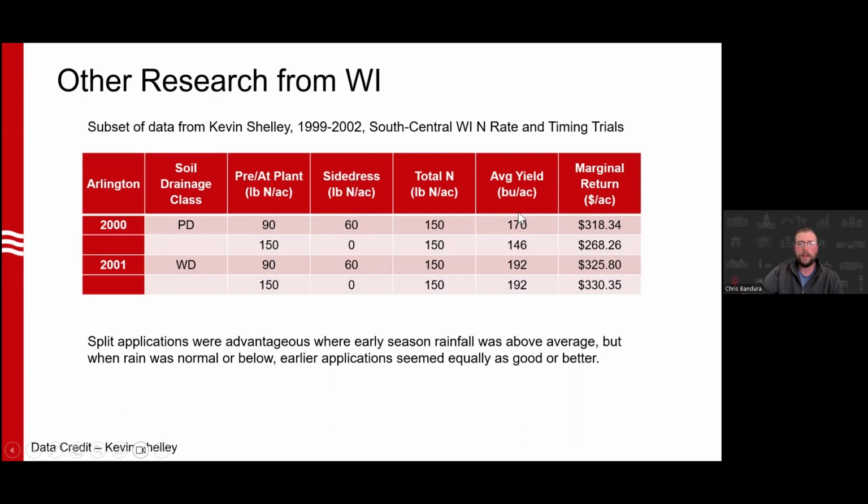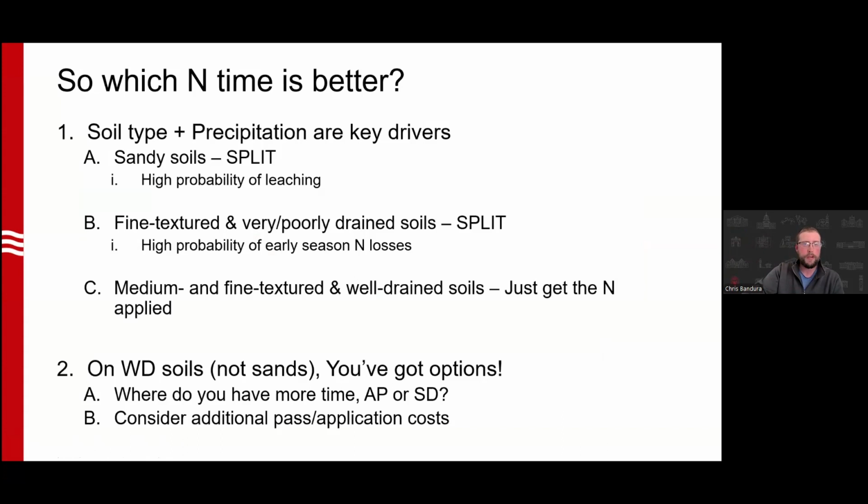You can see a very clear yield advantage to doing that split application, and also a return to that N. On the well-drained soil the next year, there was no difference in yield. And the only difference, this $5 per acre difference here, is just accounting for the second application cost of that split application. So same story, poorly drained soils, split applications are pretty advantageous.